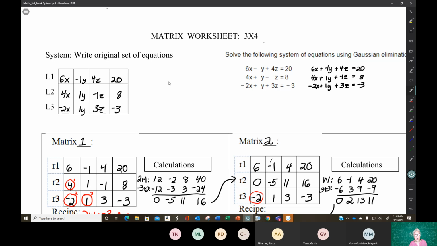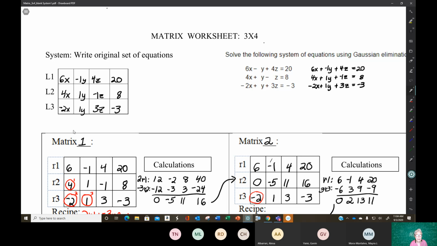There is a method called Gauss-Jordan elimination. Actually, it's Gauss-Jordan. Gauss was German and Jordan was French. And what Jordan did, he took Gauss's method and he said, why should we have to do any back solving at all?